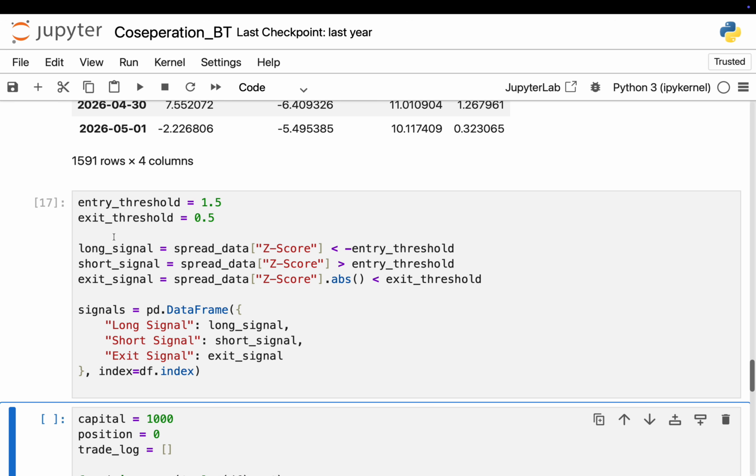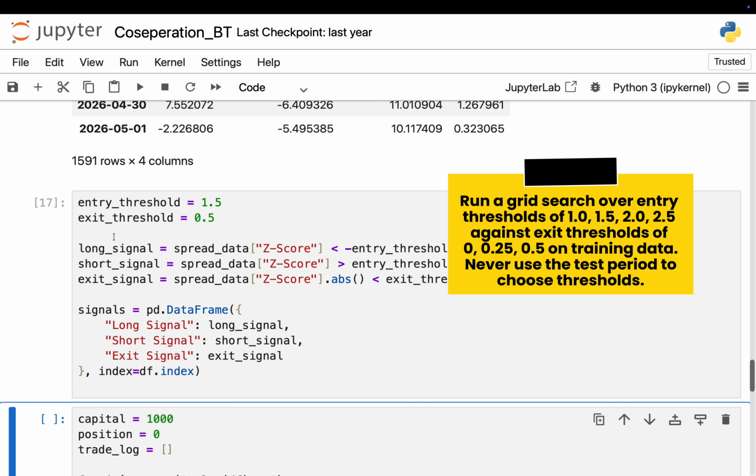A wider threshold like, let's say, 2.0 means fewer trades, but each one is a more extreme dislocation with more mean reversion potential. In a rigorous setup, you'd run a grid search over multiple combinations on a training period and lock in the best values before ever touching the test data.